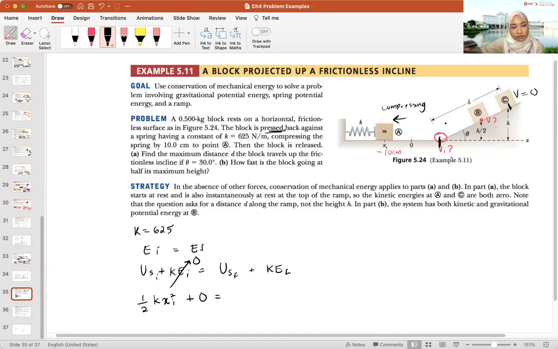Cuba kita fikir logik. Apa yang ada lagi kat sini? Do we have KE final? We are supposed to have KE final because this guy is going to climb up the incline, right? So KE final is not equal to 0. What about my USF? Zero. My USF is equal to 0.